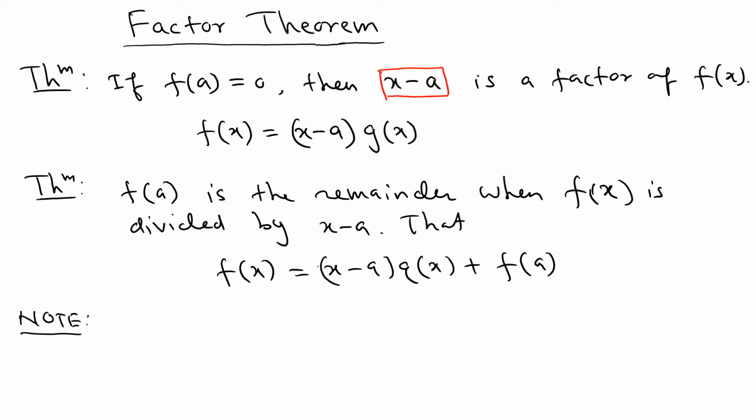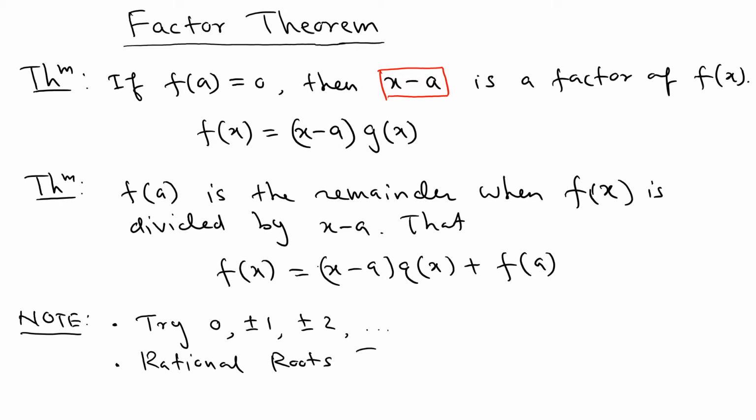So there are two things. We're going to try the values like 0, plus or minus 1, and plus or minus 2, like that. Even plus or minus 1/2. Those are kind of possibilities. And then also the rational roots theorem. You can look at the other video for that.